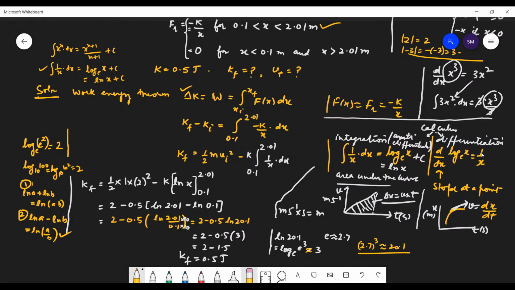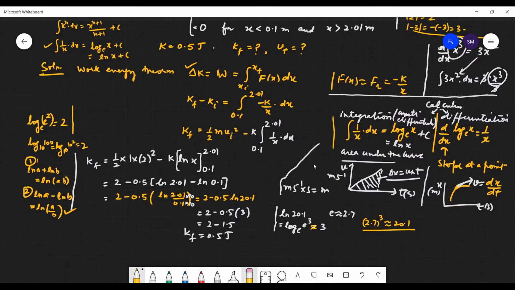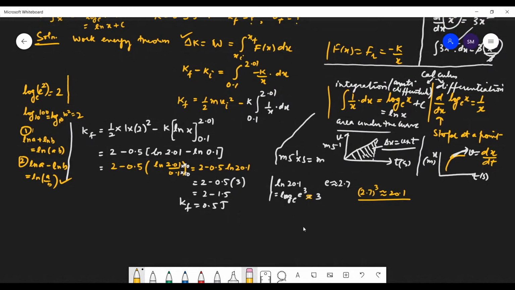The differentiation of log x is 1 by x. Now doing the integration of 1 by x, you will get log of x back. So the differentiation of log x is 1 by x, and the integration of 1 by x gives back log x. So algebraically they are opposite.